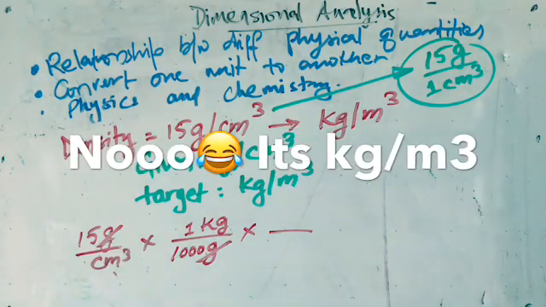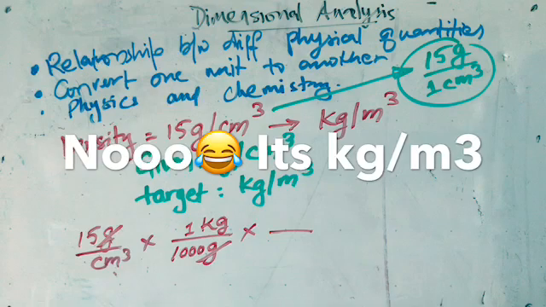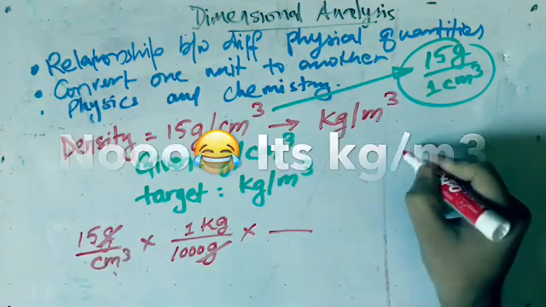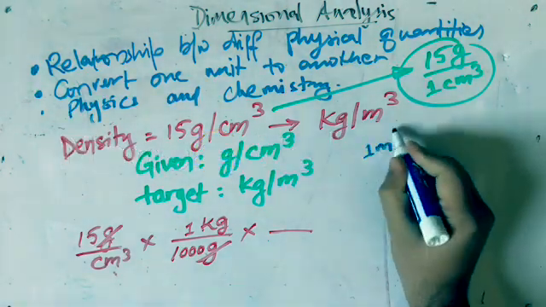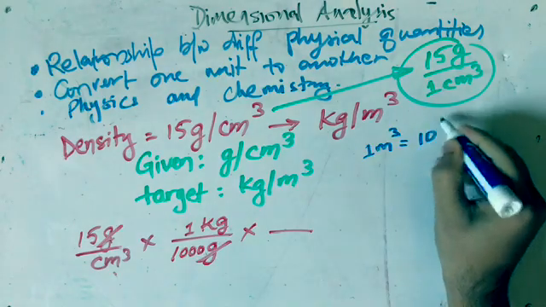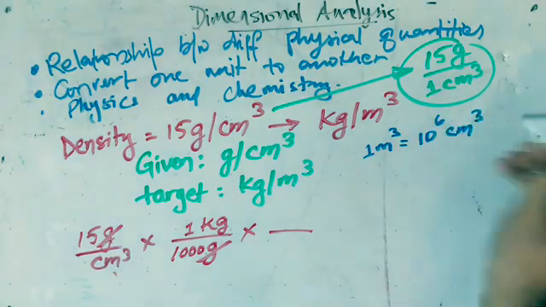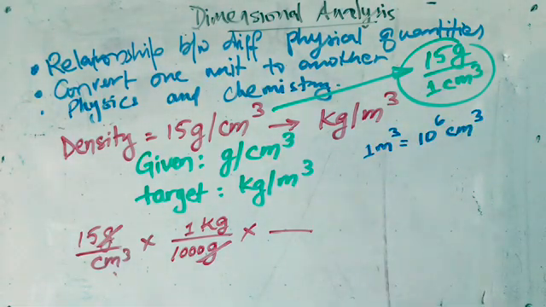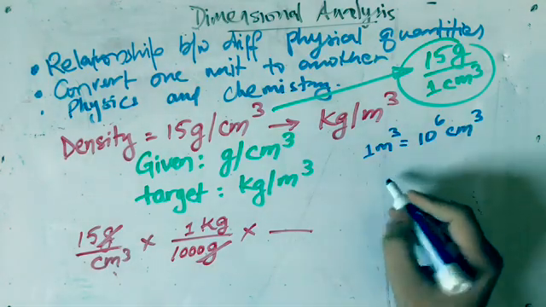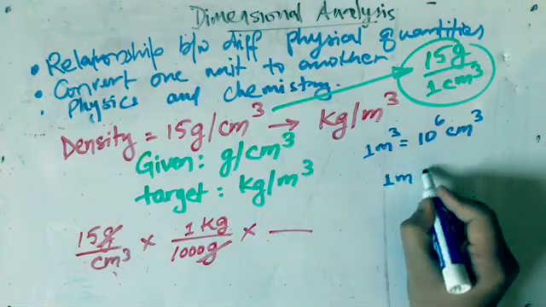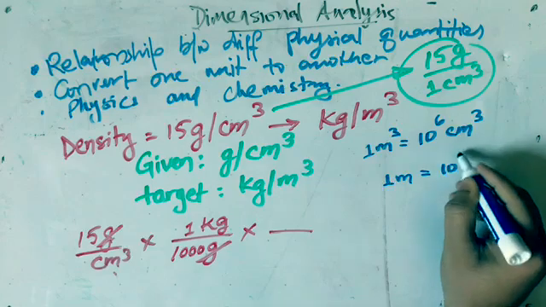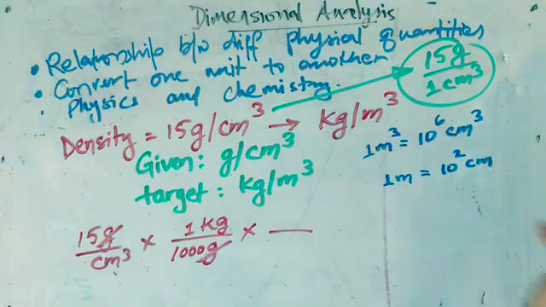Now to convert this centimeter cube to meter cube, there are 2 ways. One way is you could just remember that 1 meter cube equals 10 to the power 6 centimeter cube. Or if you do not remember that, just realize that 1 meter equals 10 to the power 2 centimeter.